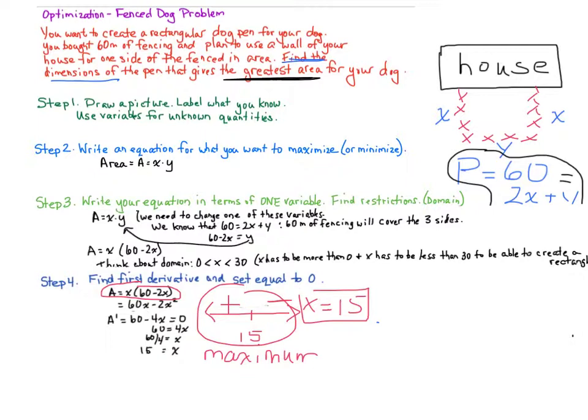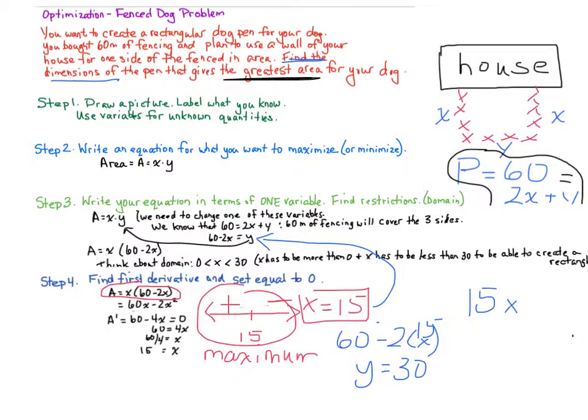Well, you substitute this back into our equation right here, 60 minus 2 times x, and I make that x a 15, I will get y equals 30. So that means our dog pen needs to be 15 by 30 meters. Or, in our picture, this is 15 and this is 30.